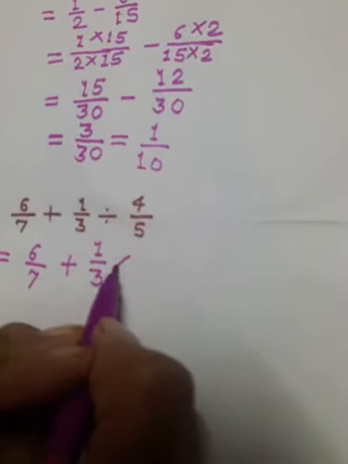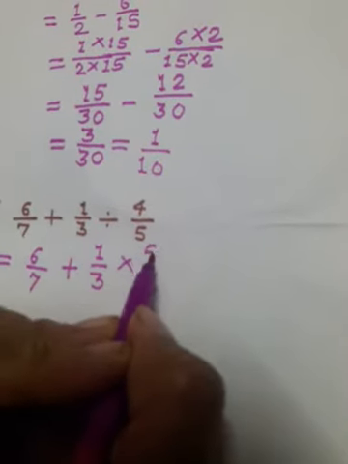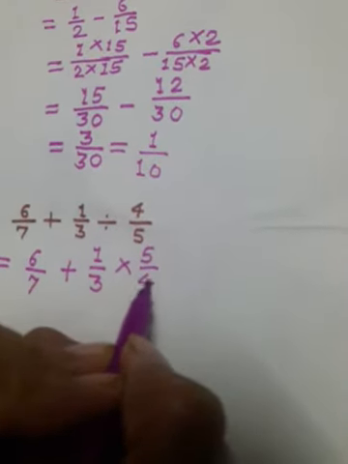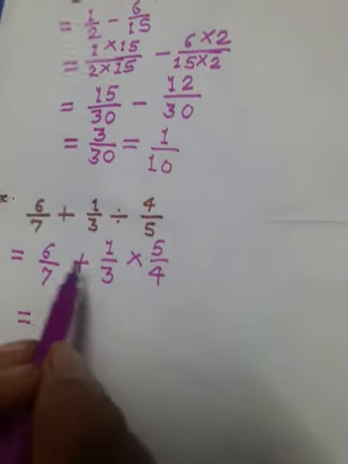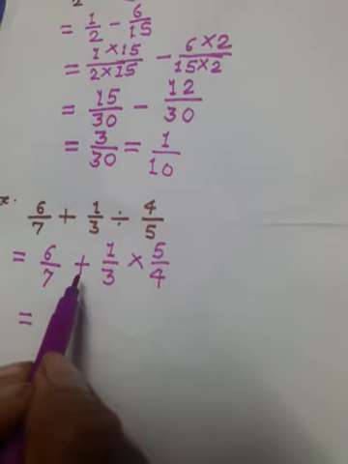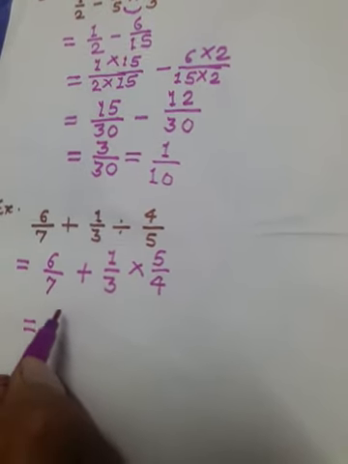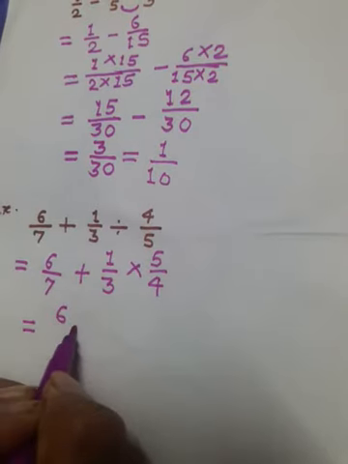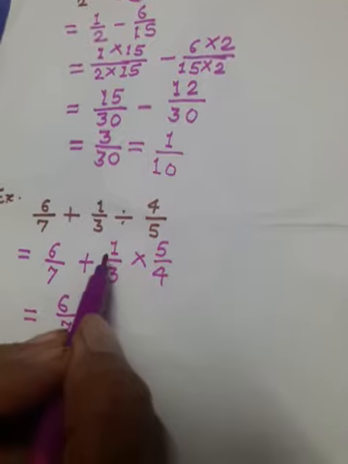Division is converted into multiplication, and the reciprocal of 4 upon 5 is 5 upon 4. Now there are two operations in the expression, addition and multiplication. Therefore we will carry out multiplication first.